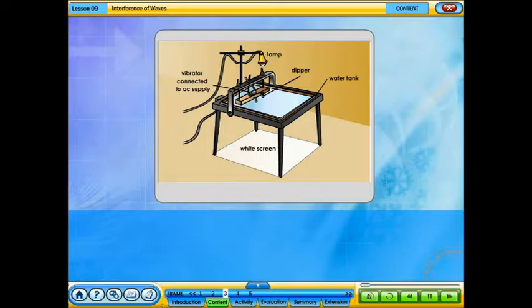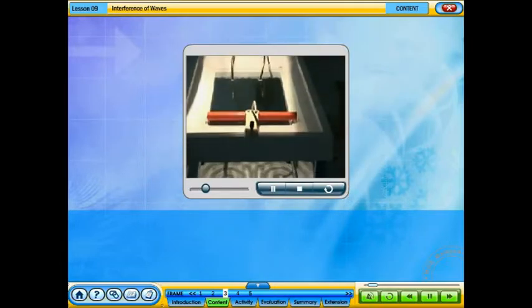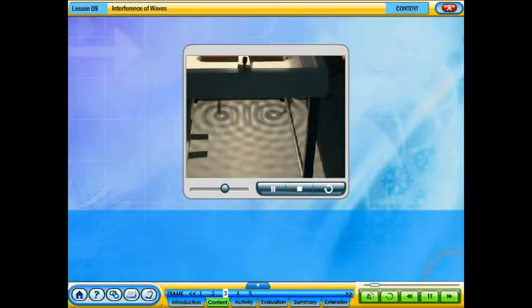A ripple tank with two dippers has been prepared. Click the button to start the propagation of waves. What can you say about the waves produced?